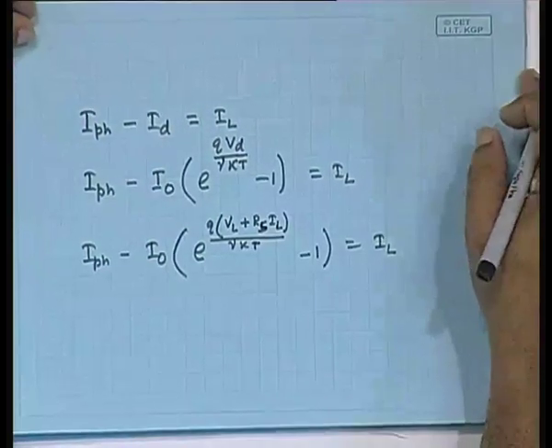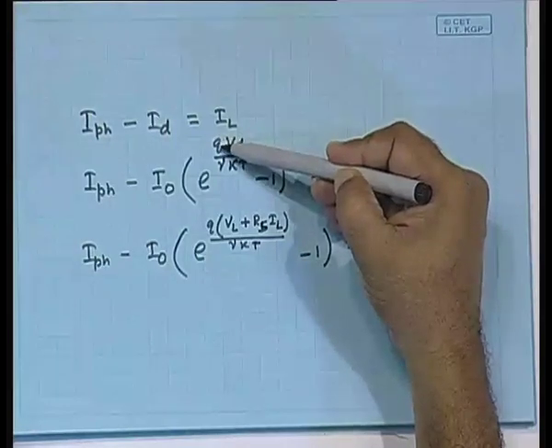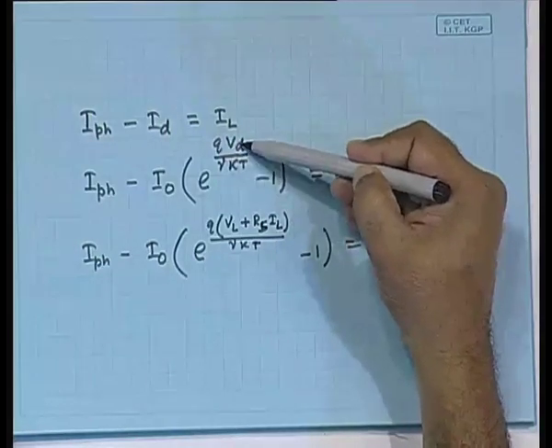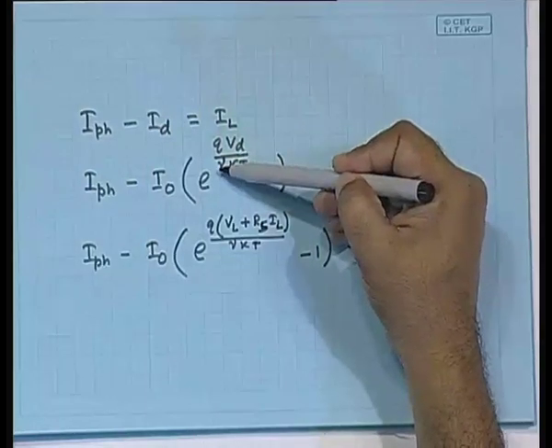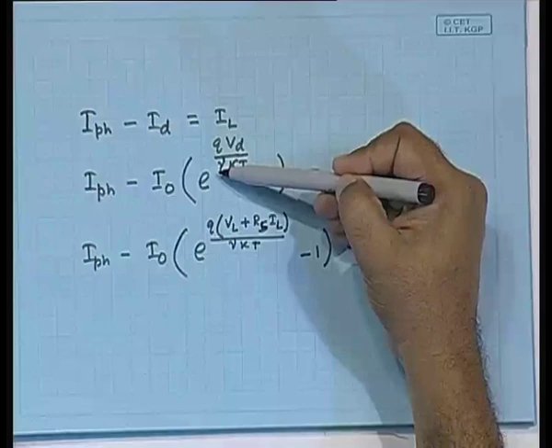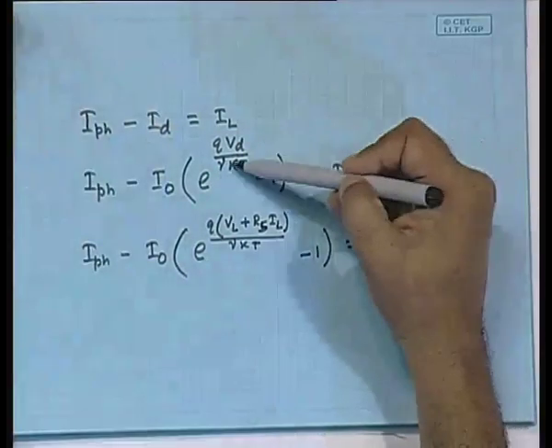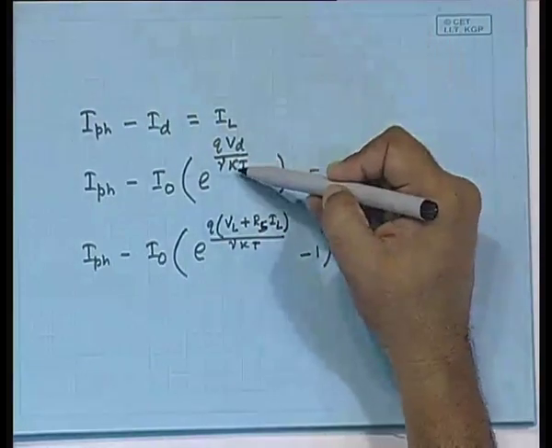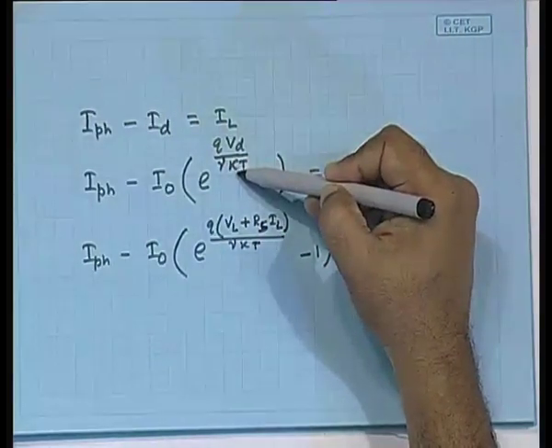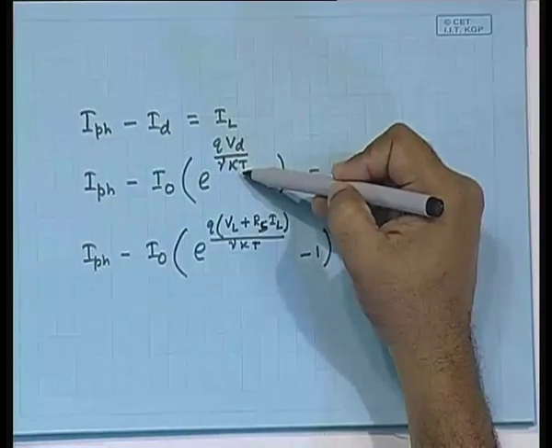By the way, I did not talk about the components here. Here q is the electron's charge, VD is the diode voltage, gamma is a constant, sort of a curve fitting constant. For different diodes, it will have different values varying between 1 and 3 generally. k is Boltzmann constant, T is absolute temperature, right.